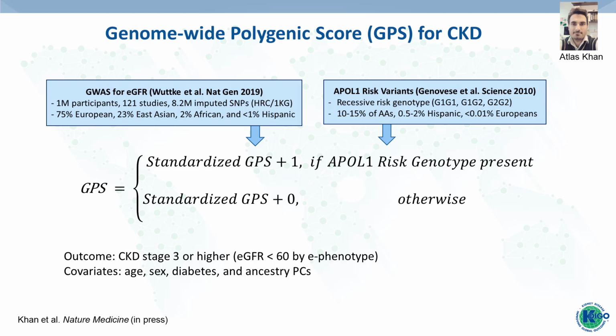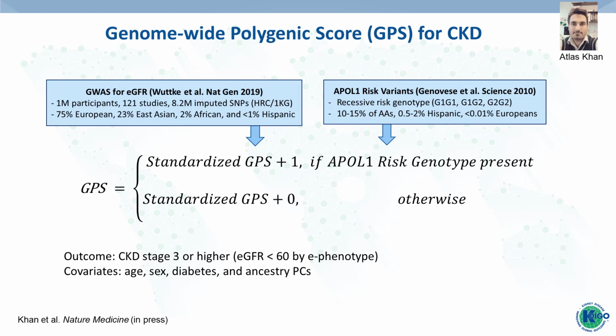And it turns out that based on the optimization data set of African ancestry, one standard deviation of that polygenic risk score was roughly equivalent in risk effect to the recessive risk genotype for APOL1. So we basically formulated the equation where we standardized the genome-wide polygenic risk score, and we added one standard deviation if the APOL1 risk genotype was present.